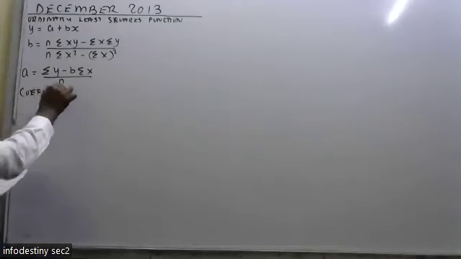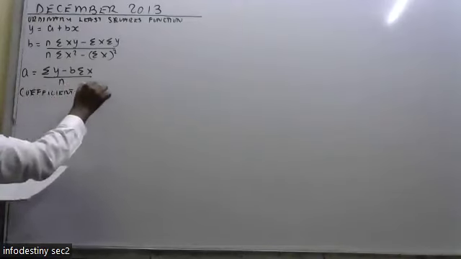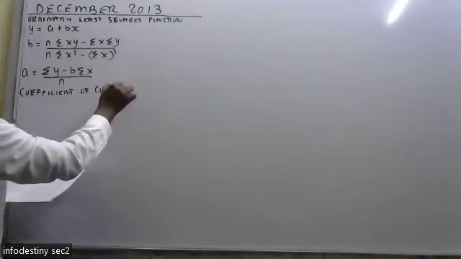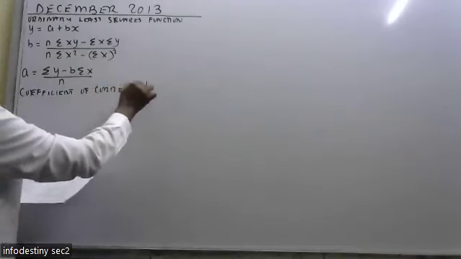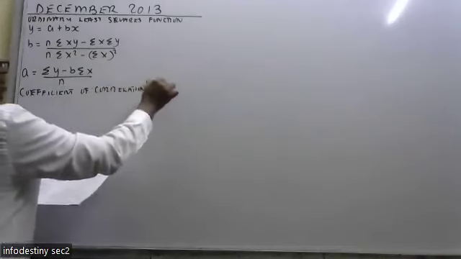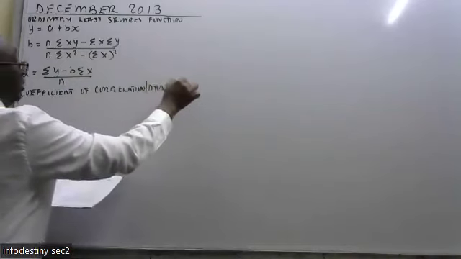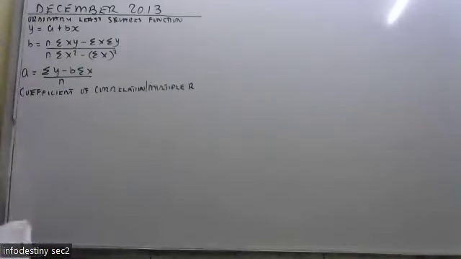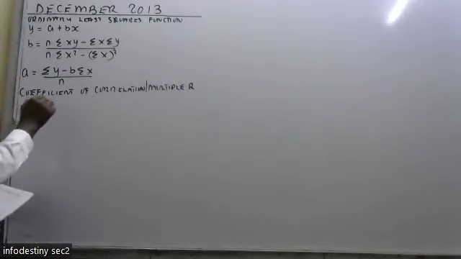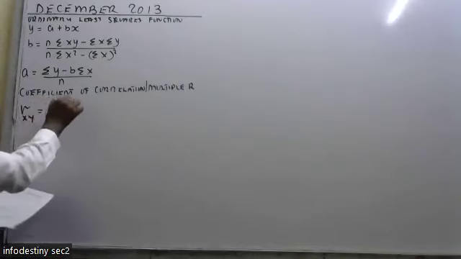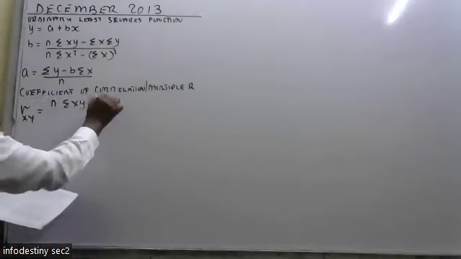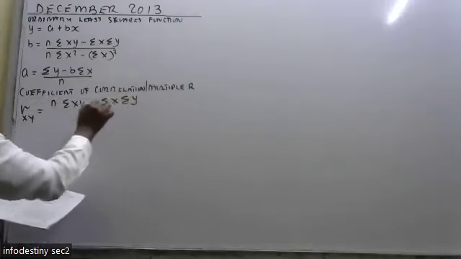Coefficient of correlation. And I told you some people who are good in computers, they call it multiple R when you're using computers. And we said R between X and Y is given as n sum of xy minus sum of x sum of y.